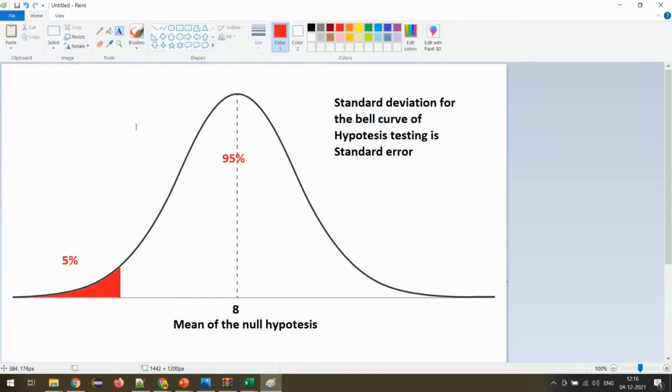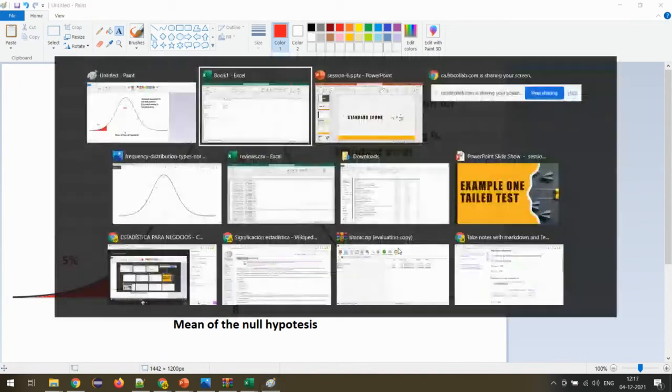This we call a one-tail test, because we have a tail on only one side. The red one is the tail. This tail can go the other way too.